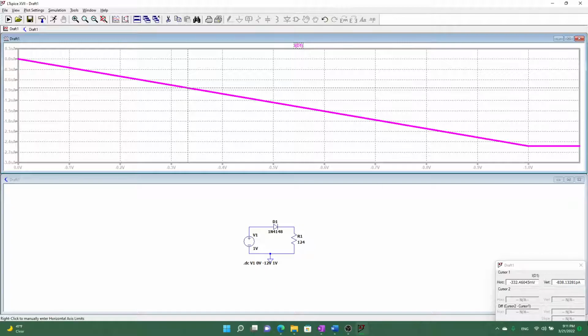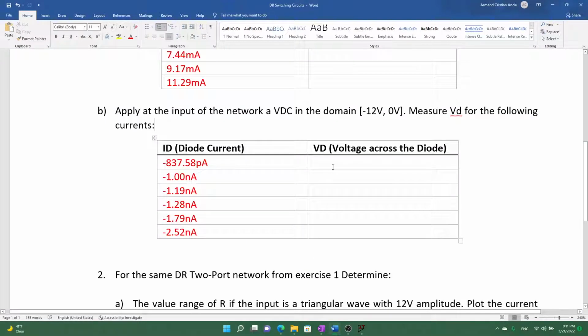So I'm just going to go with the next best thing: minus 838.13 picoamps. We get a minus 332.46 millivolts. So we can write them here.